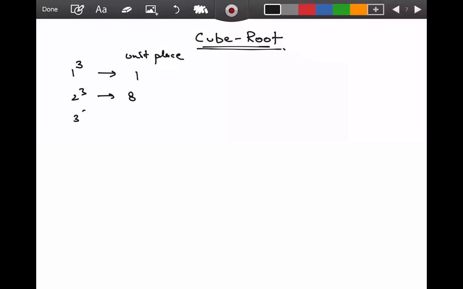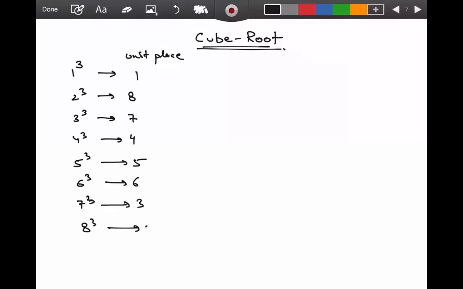For 3, 3 cube is 27. 4 cube is 64. 5 cube is 125. 6 cube 216. 7 cube 343. 8 cube 512. 9 cube 729. देखो स्क्वायर्स जो हैं 1 to 25 learn it. Cubes 1 to 12 learn it. Because this will also help you in reasoning questions.